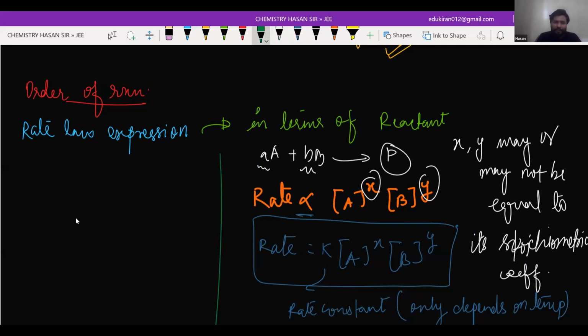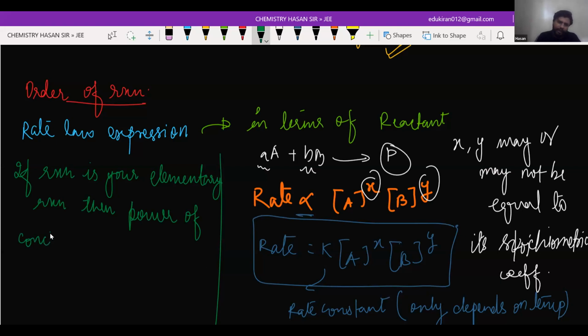If the reaction is an elementary reaction, that means a single step, simple reaction, then the power of concentration of the reactant is equal to its stoichiometric coefficient. Please write this point. Very important it is.